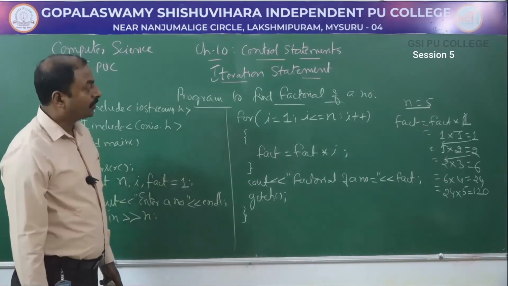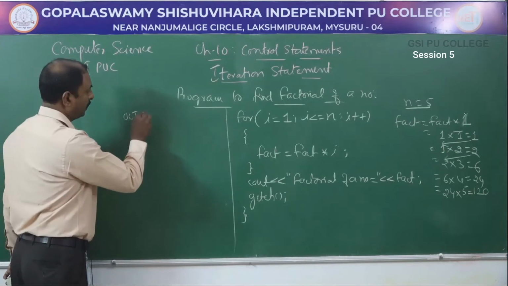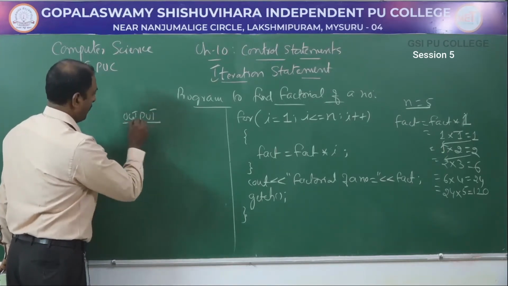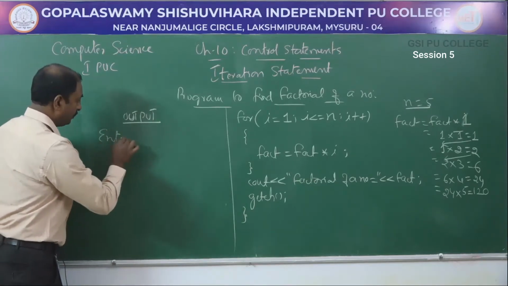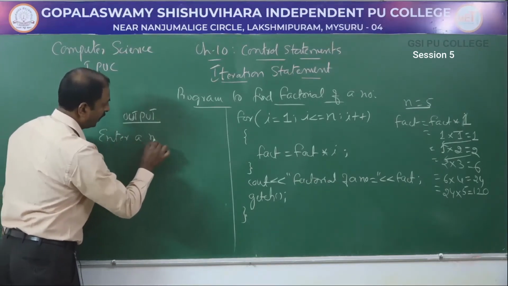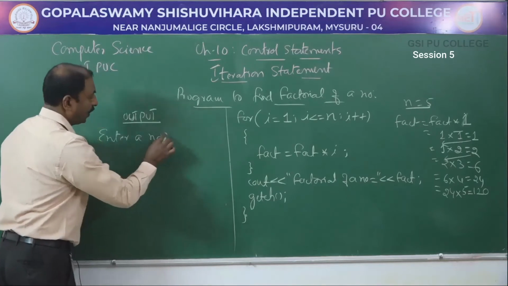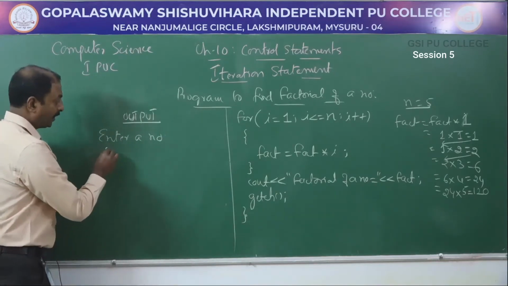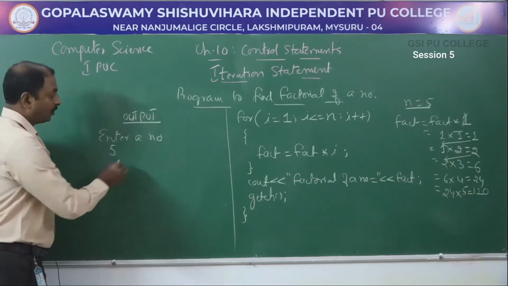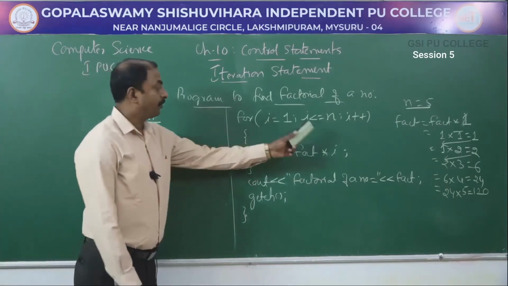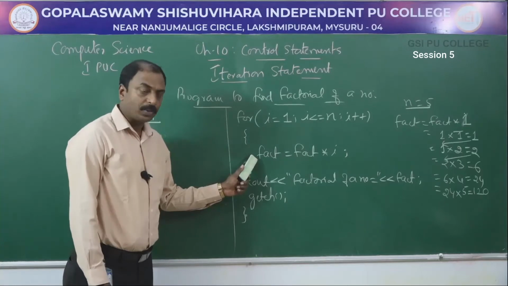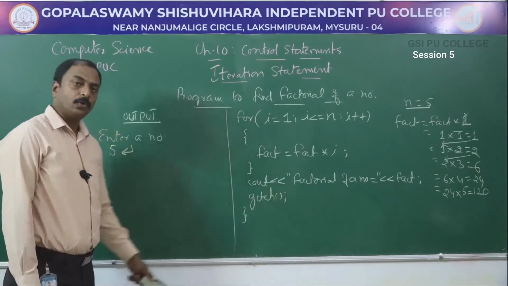Now let us see the output of the same. First we will get a message here, enter a number. Then after this, we are supposed to enter a number, for example 5. Then you have to press the enter key. After executing the loop, or after executing the program, it is going to display the output.